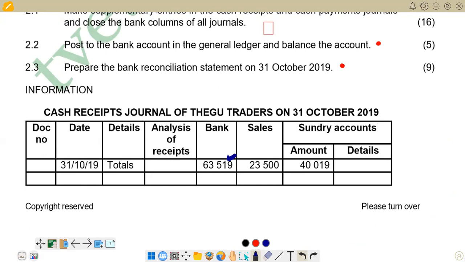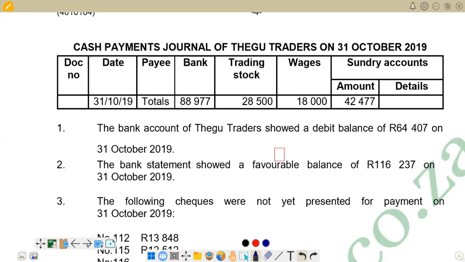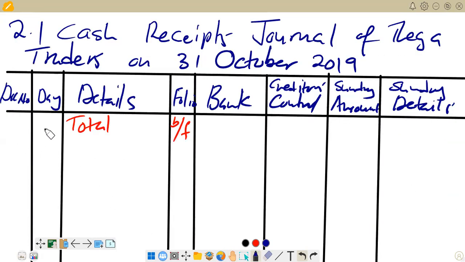We go to our answer section and enter as such. So we are saying our day is 31, and as for bank, the amount is 63,519. So this is the opening balance for the cash receipts journal.